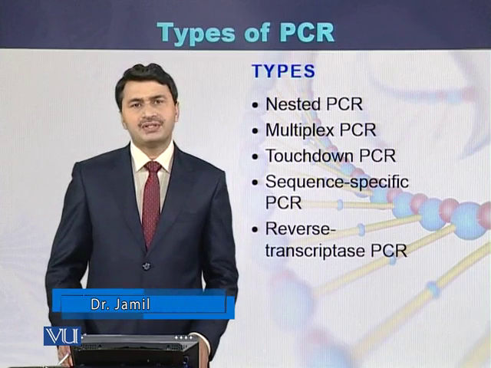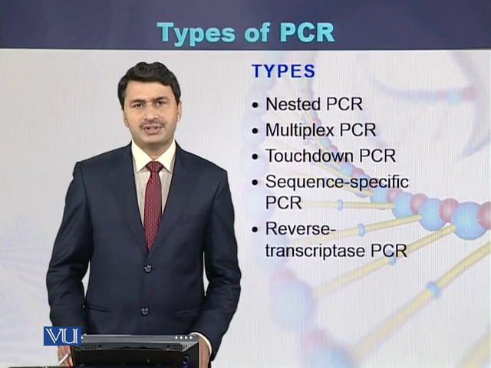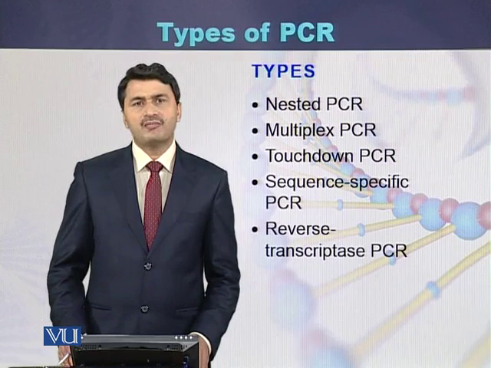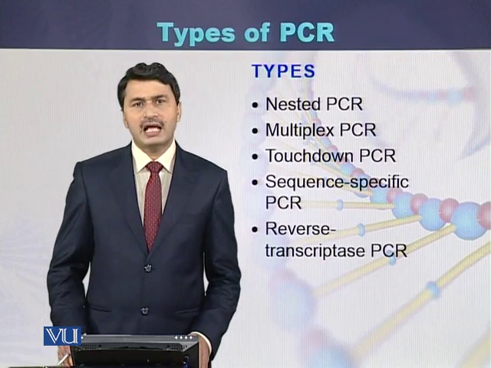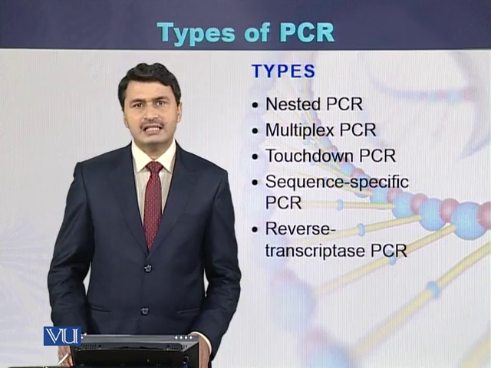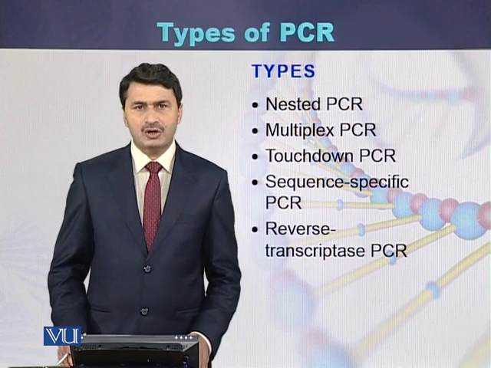The next type of PCR is called multiplex PCR. In multiplex PCR, several amplicons are amplified simultaneously within a single reaction. This means there are different primer pairs that bind to different regions on the DNA or genome and produce different amplicons.